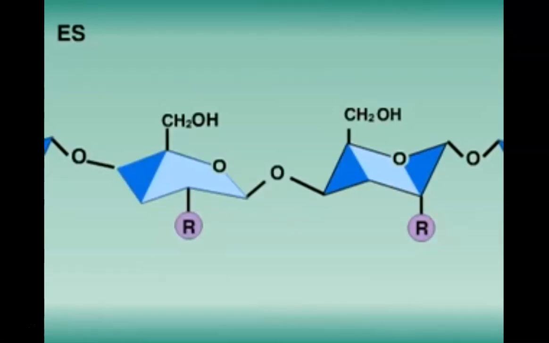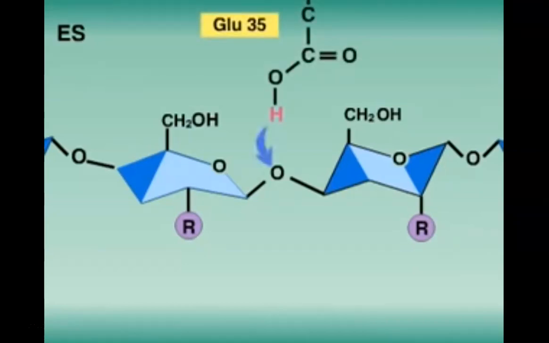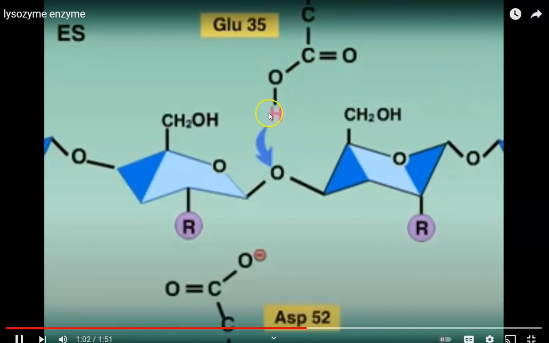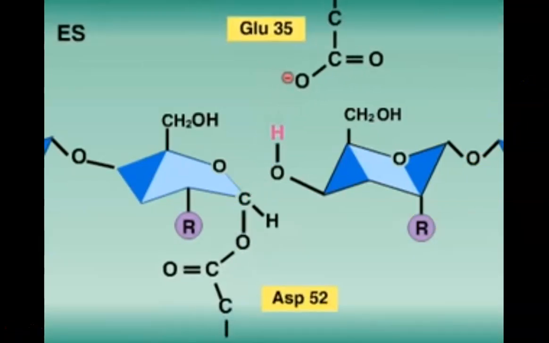Two amino acids within the enzyme facilitate the reaction. A glutamic acid donates a proton to the sugar on the right, and an aspartic acid attacks the C1 carbon atom of the sugar on the left. The attack on the C1 carbon results in a transient covalent bond between the sugar and the amino acid, and hydrolysis of the sugar-sugar bond.